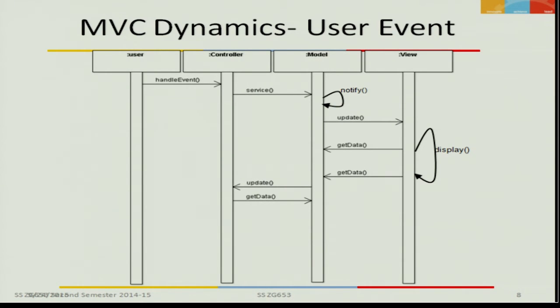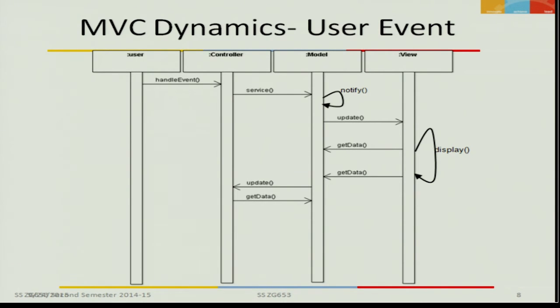Now when this update method is called, that in turn goes to view, and view in response to update method, it makes a call to model saying that give me the data. It can ask multiple data that's needed, and then it basically changes the display. Model can also update the controller, because controller is also an implementation of the observer interface.